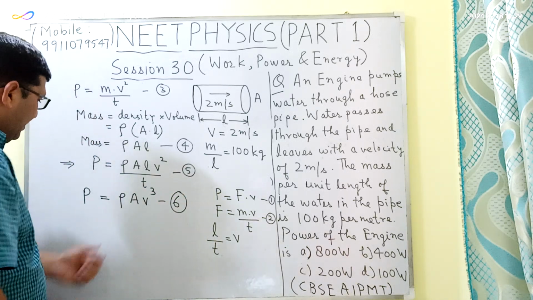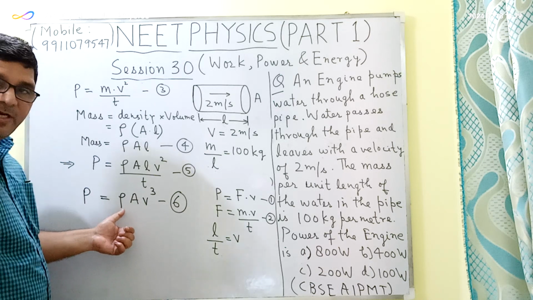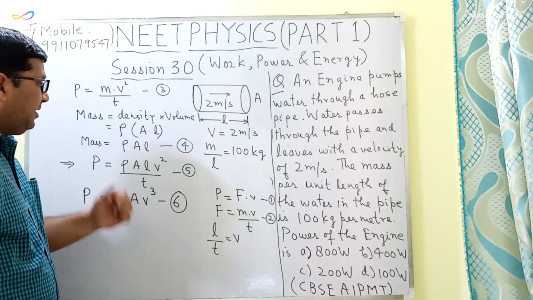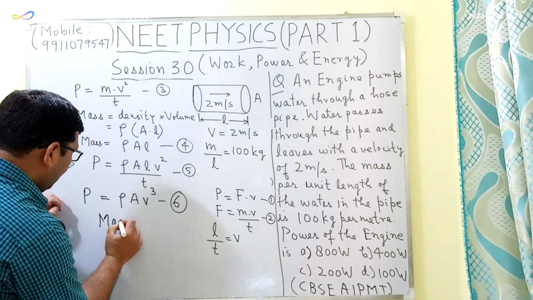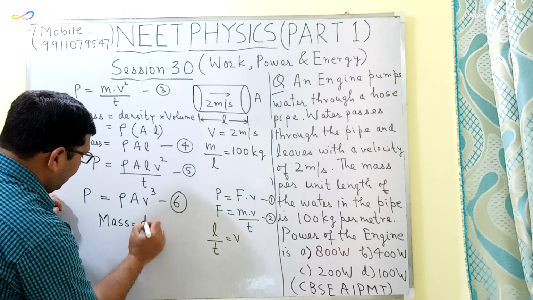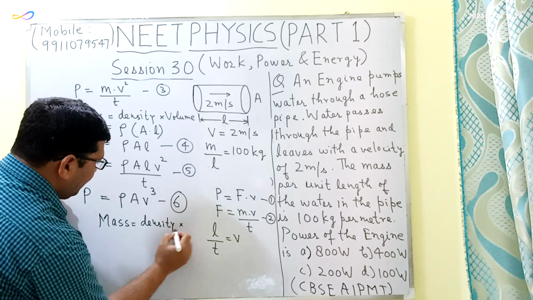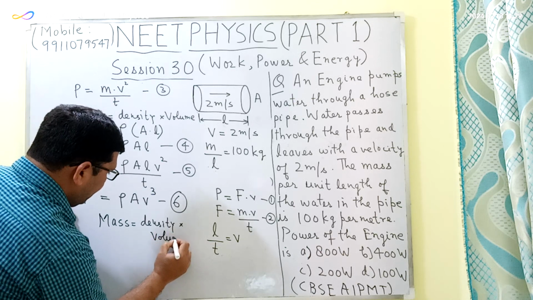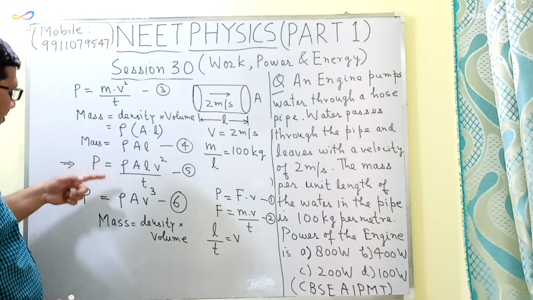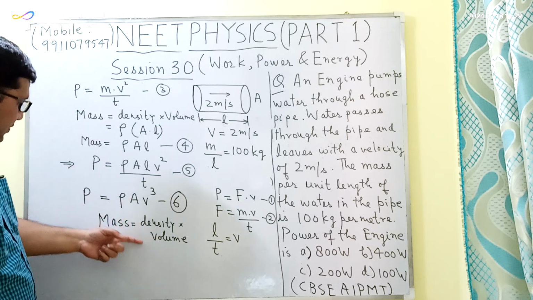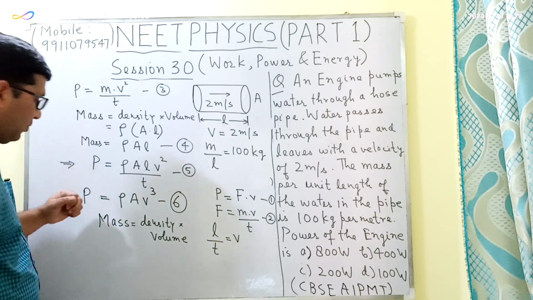Now, I know the value of V, but I still have to find the value of rho into A. As we know, mass is equal to density into volume, and we used this formula to find equation number 4.